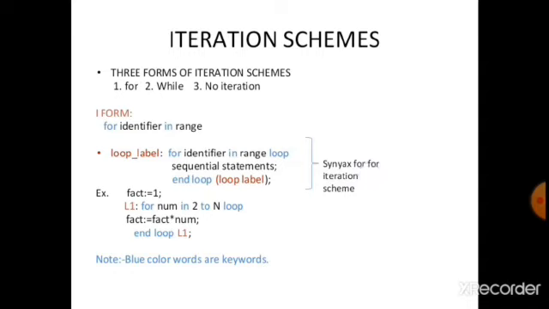Now let us move to an example for this for iteration scheme. Before this, I have declared one variable, fact is equal to 1, and here I have written the example with a loop label. L1 is the loop label, and next is for. The identifier is num in 2 to n range, then loop.